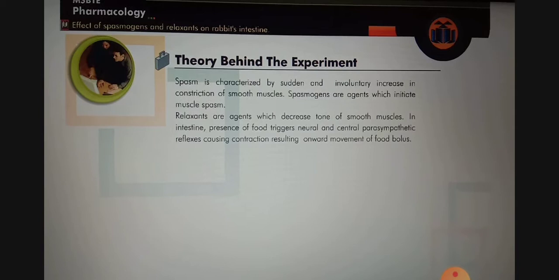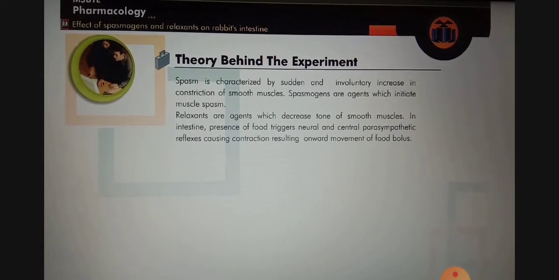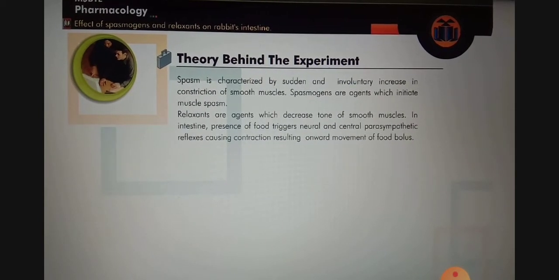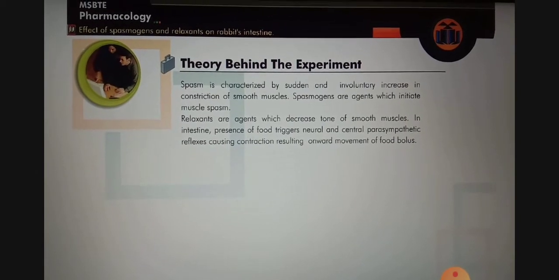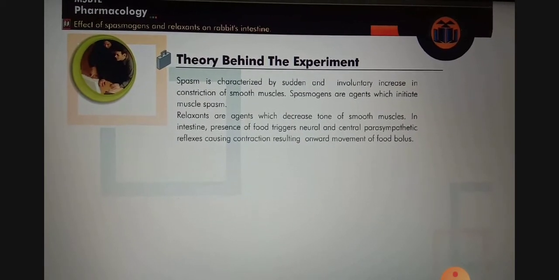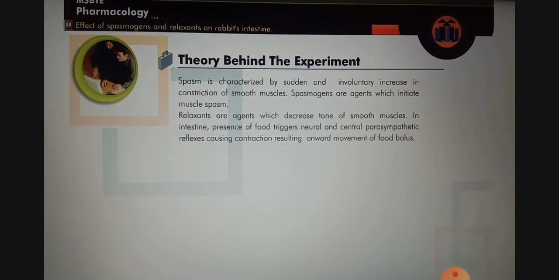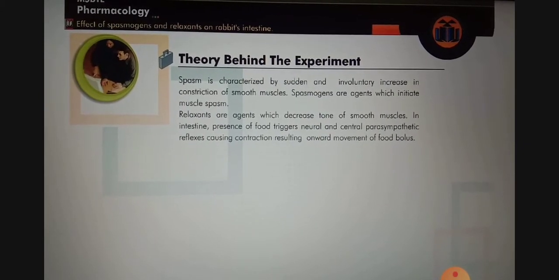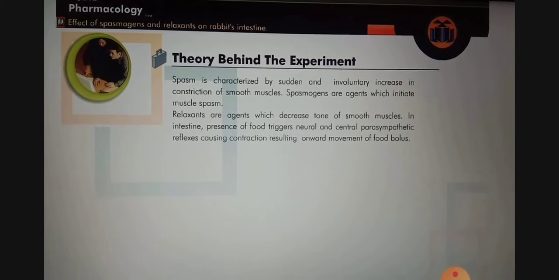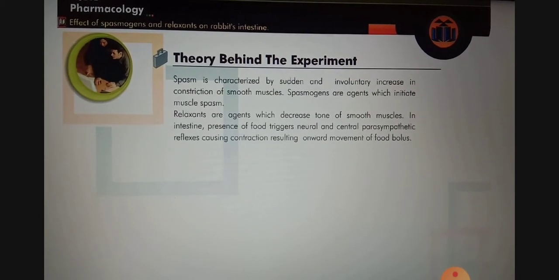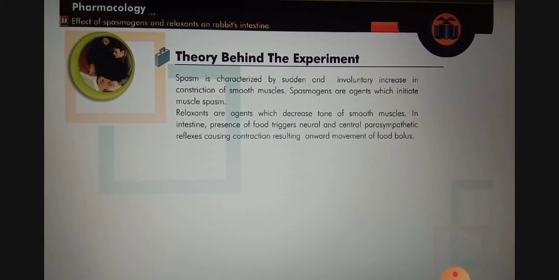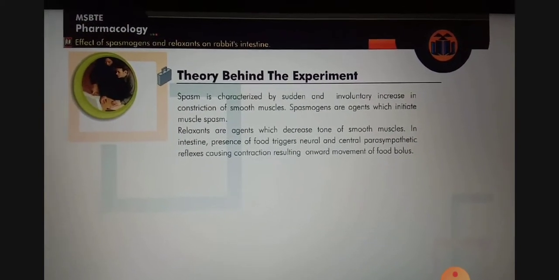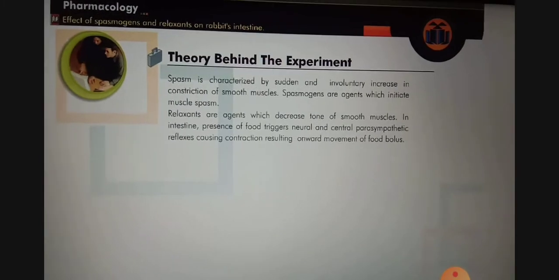Generally in intestine, the presence of food triggers the neural and central parasympathetic reflexes. So when we administer some food, it triggers nerve impulses which cause the stimulation of the parasympathetic nervous system, and this results in a contraction that results in the onward movement of food bolus. That is the peristalsis movement in the intestinal region.